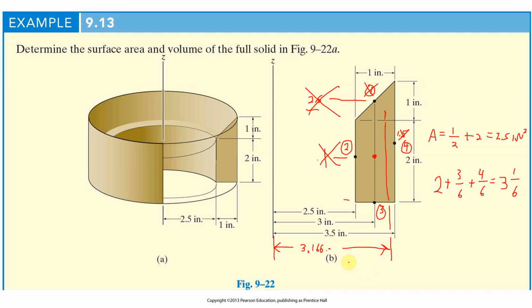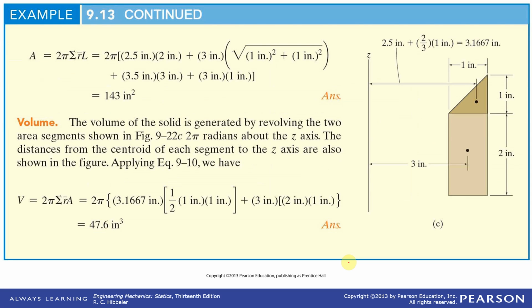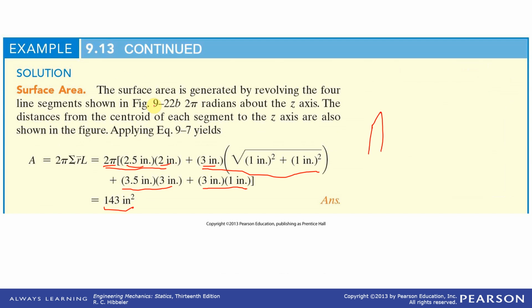Okay, now we got that. That's the centroid of the triangle. Now we can add those up individually. So here's our, there it is. There's the distance there. This is the diagram that goes with it. 2 pi times the centroid. Oh, this is the surface area. They did the calculation twice.